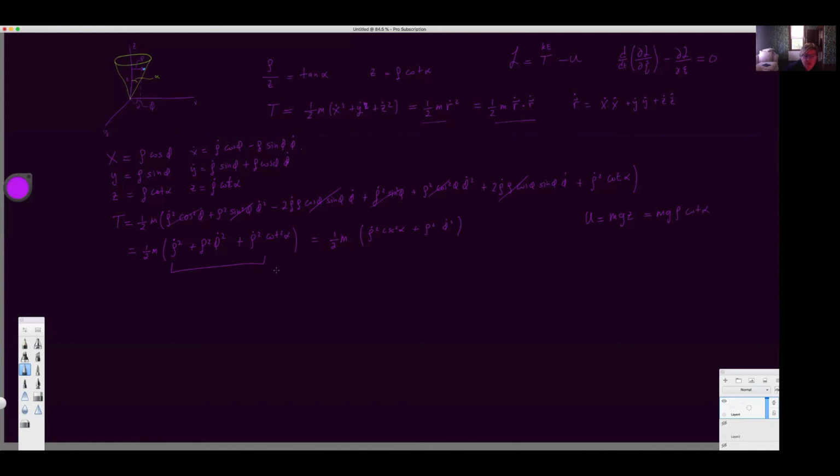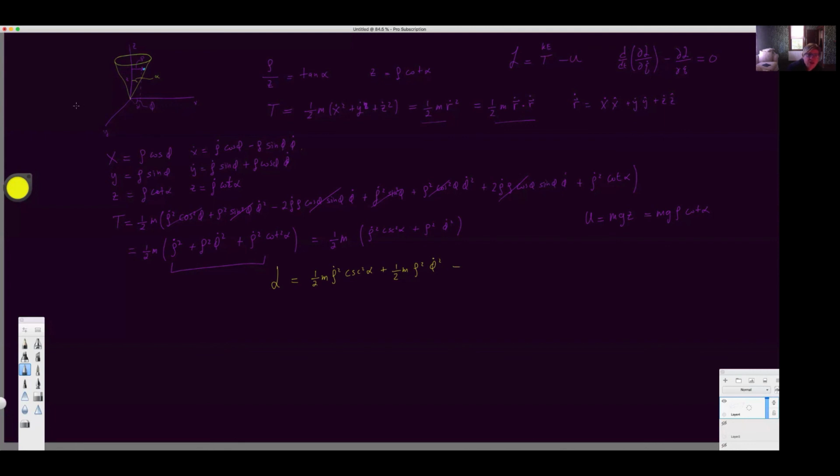So let's write down the Lagrangian. I'm going to put that in a yellow color. So the Lagrangian, finally: 1/2 m rho dot squared cosecant squared alpha plus 1/2 m rho squared phi dot squared, and then minus my potential energy.